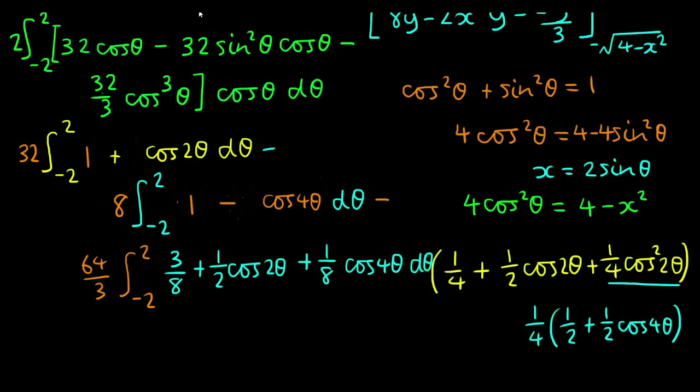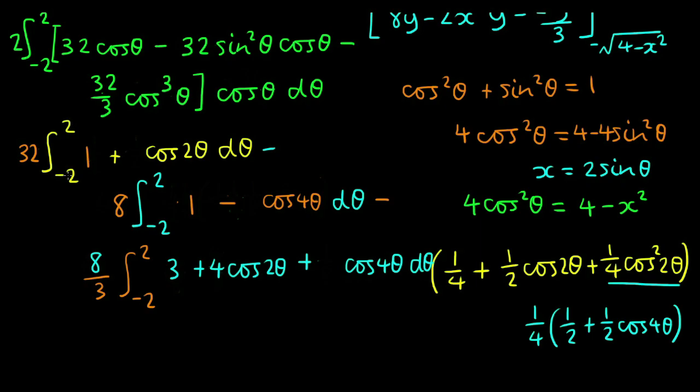And simplifying a bit further, 1 half is 4 on 8. And if we factor out 1 on 8, we get 64 on 8, which is 8. So this becomes 3, this becomes 4, and this becomes 1.